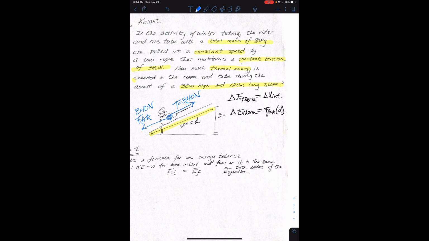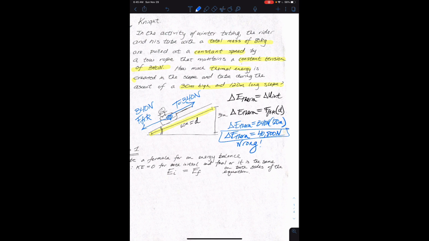If we keep going, we can see where a student would say delta E thermal is equal to 340 newtons times 120 meters, and end up with 40,800. And this is wrong.